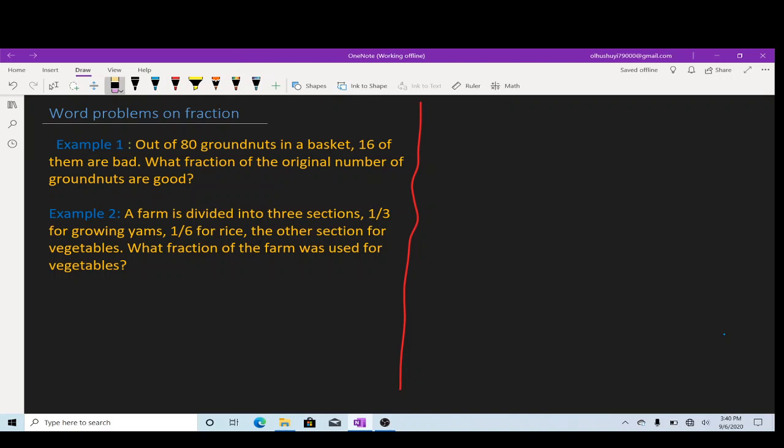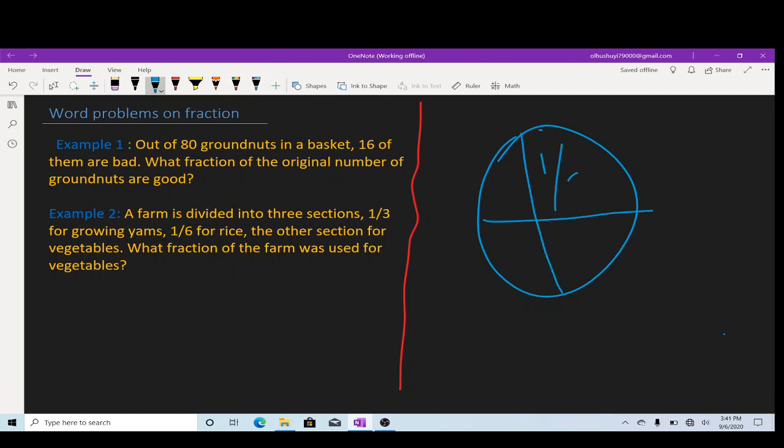A close look at the question will make you understand that this farm is divided into three sections. A section for yam, another for rice, and another section for vegetables, but the section for vegetables was not given. Now, this is what you need to do. Let me cite an example. Say I have an orange, and this orange is divided among 4 people.